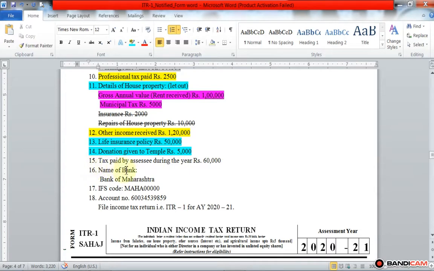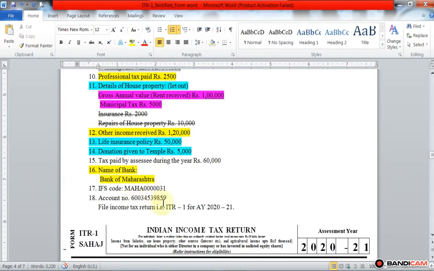Then bank details are given. Bank details of SSC, that is Bank of Maharashtra. IFSC code MAHA0004031.